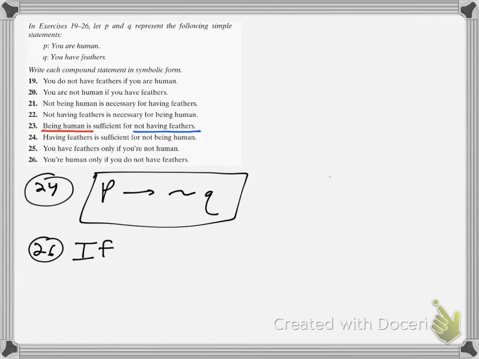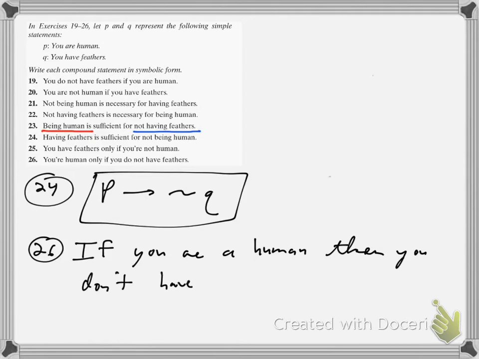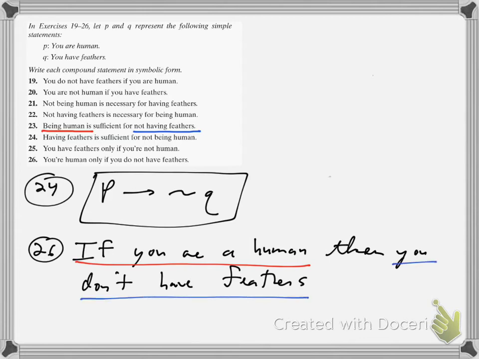That means that if you are a human, you better have no feathers. So you see, these are all the same thing. So again, my first statement, if you are human, then you don't have feathers. So here we go again, same thing. So these are all just different wordings, right? For the same thing. P implies not Q.